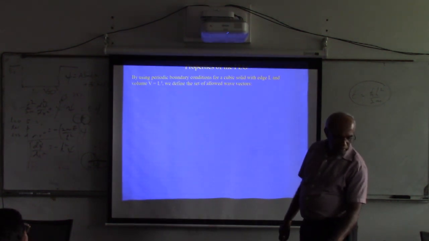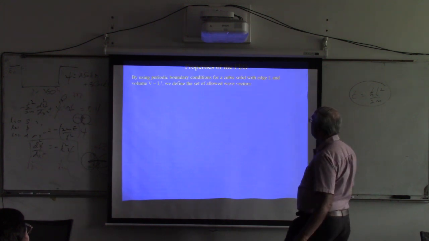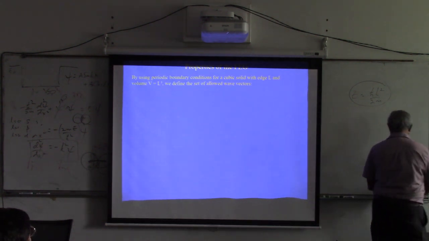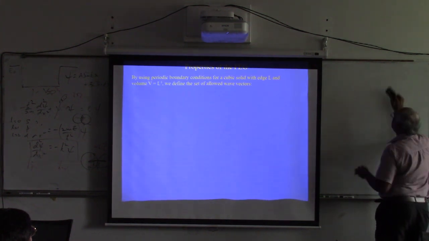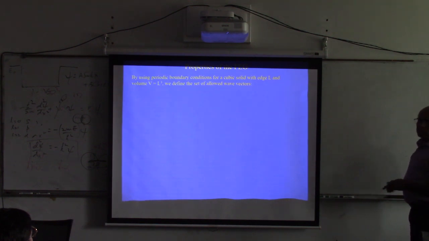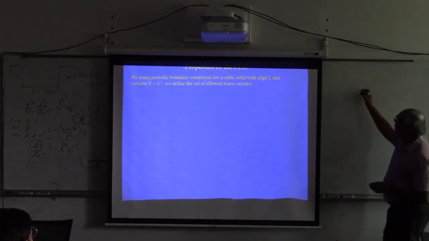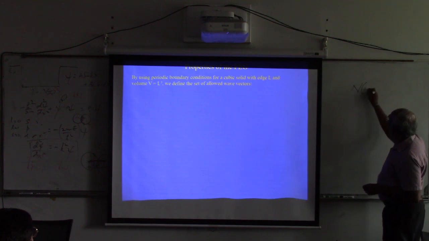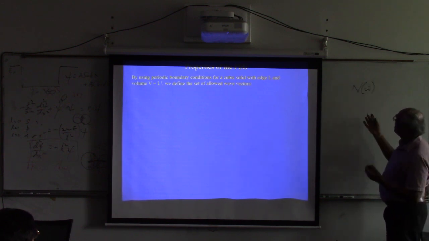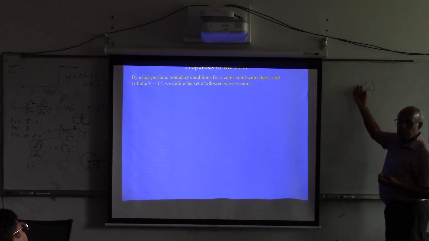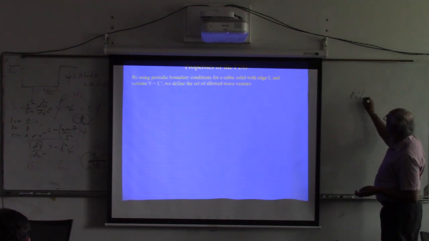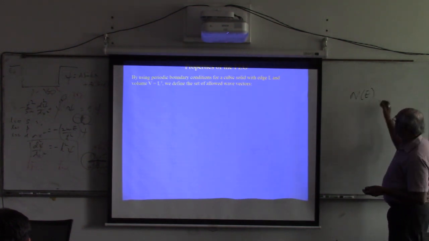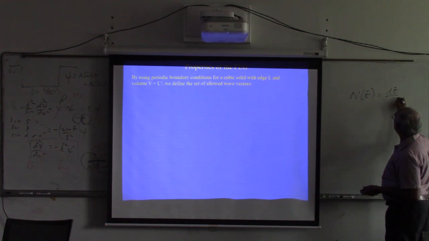Okay, so now I want to develop the same formalism we did for phonons to calculate the density of states. So how did we calculate density of states? We defined N(omega), which is basically the number of states per unit energy range. In this case we define N(E), which means basically the number of states per unit energy range.